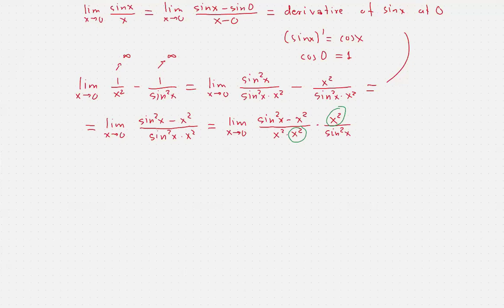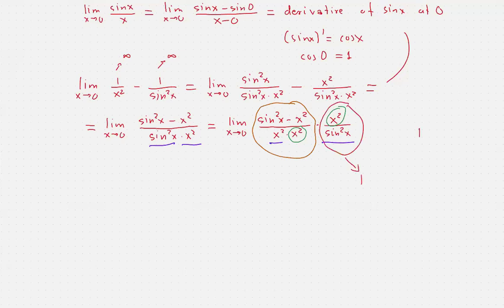Okay, the only thing is that by writing it this way and remembering that sine of x over x tends to 1, now it's enough to turn our attention to this limit. And this is the trick that I was talking about before. So this is really the limit that we should be talking about. So this tends to 1, in other words, because it's 1 over sine of x over x all squared.